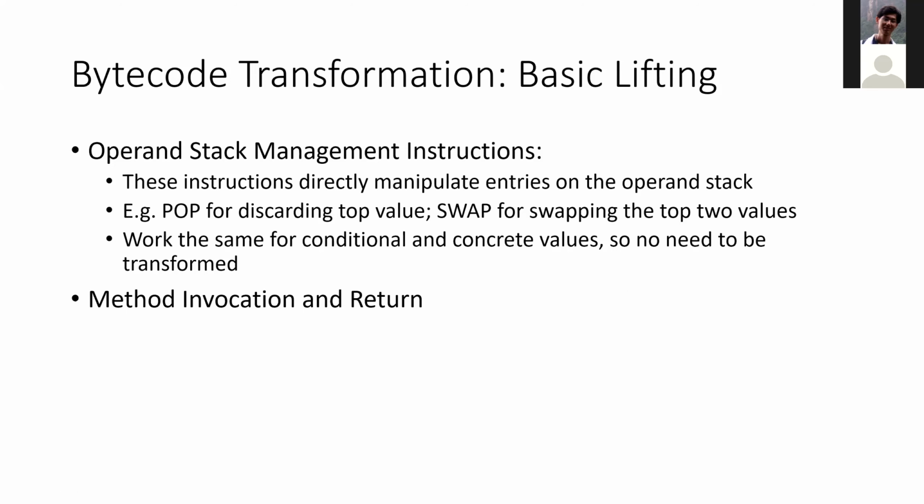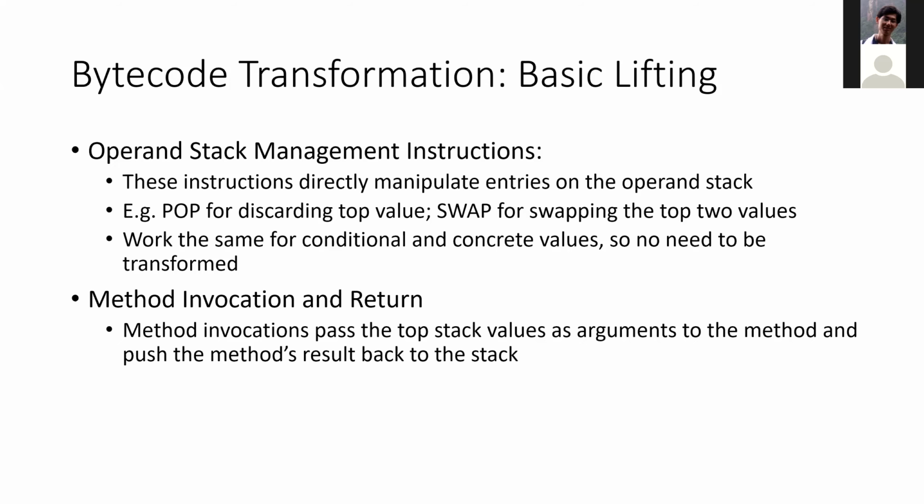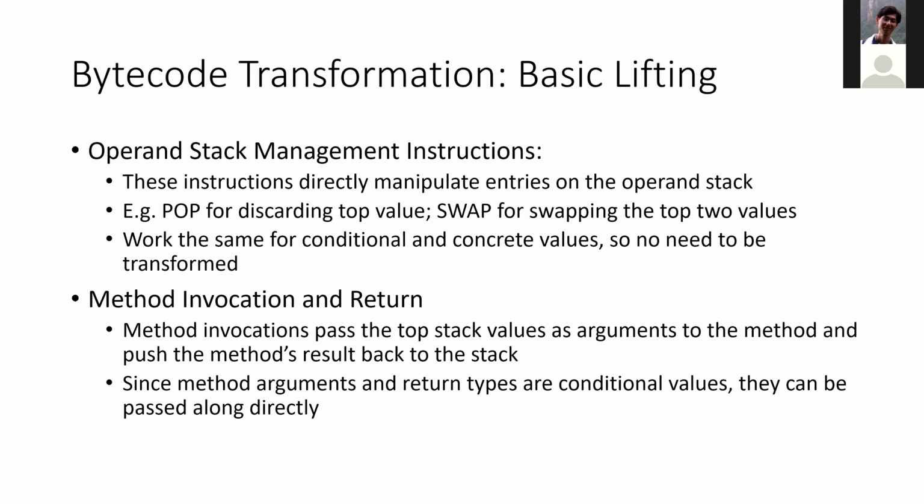Then for method invocation and return instructions, method invocations pass the top stack values as arguments to the method, and they push the method's result back to the stack. Yeah, since the method arguments and return types are now conditional values, they can just be passed along directly.